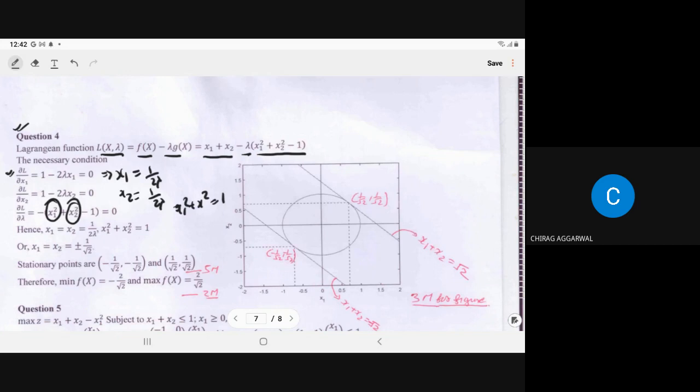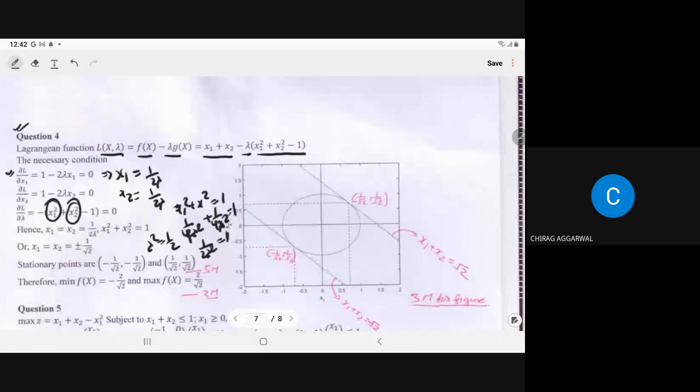So it will become 1 upon 4 lambda square plus 1 upon 4 lambda square is equal to 1. So it will become 1 upon 2 lambda square is equal to 1, or lambda square is equal to half.